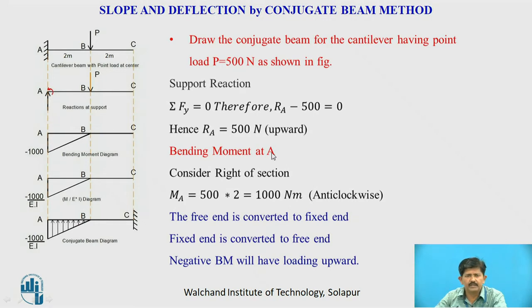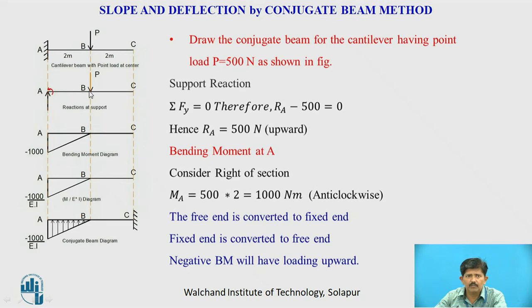And the bending moment. So, if we start from point C, considering the right of the section, there is no load up to point B. So there will be no bending moment or shear force.